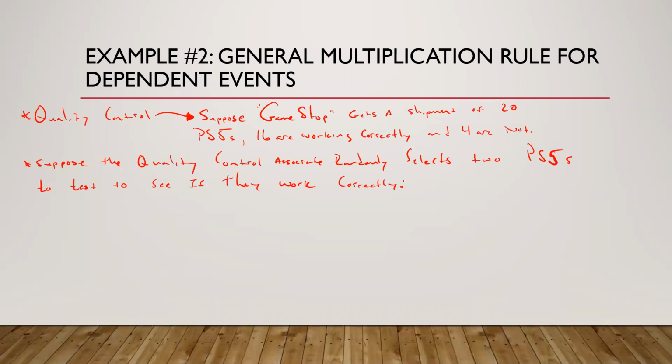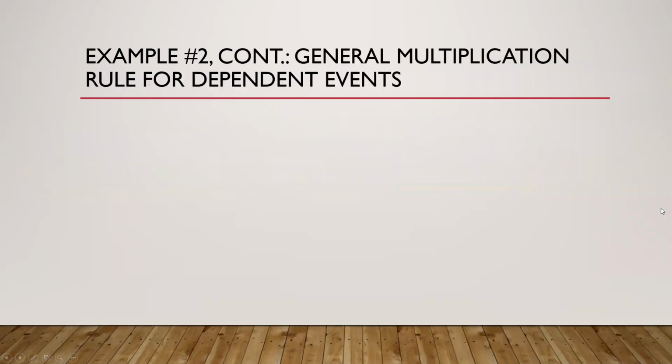So I've got 3 questions for you from this. Does everybody have the relevant information on this slide written down before I go on? I got 1 yes. Okay. So again, on the next slide here, we have 20 PlayStation 5s, 16 work, and 4 do not work.